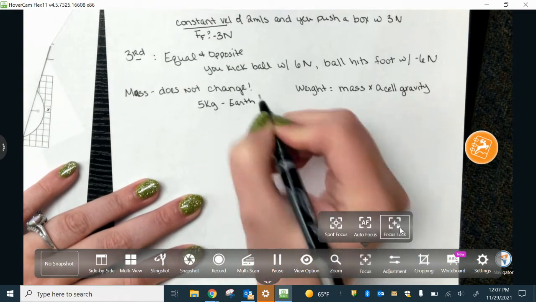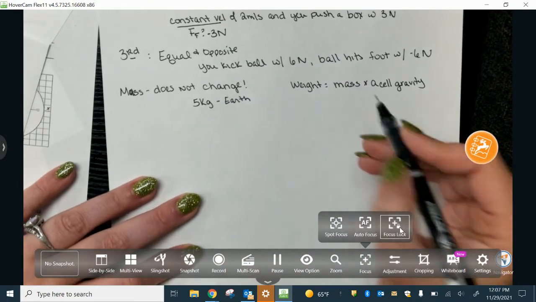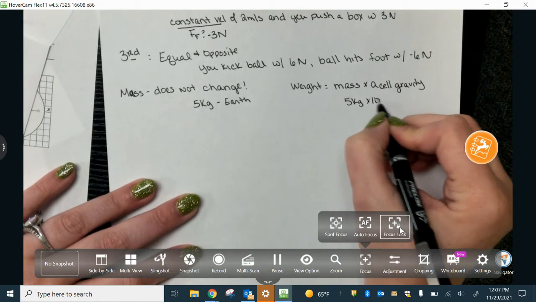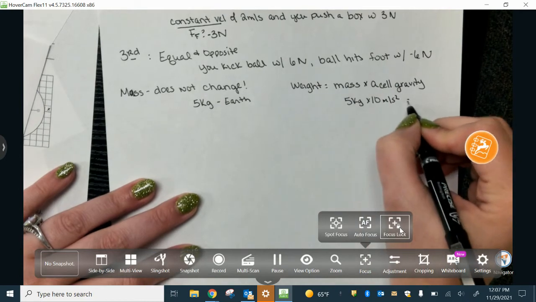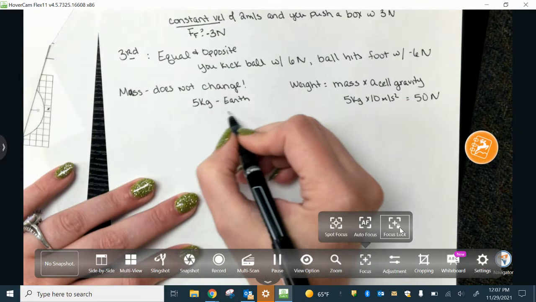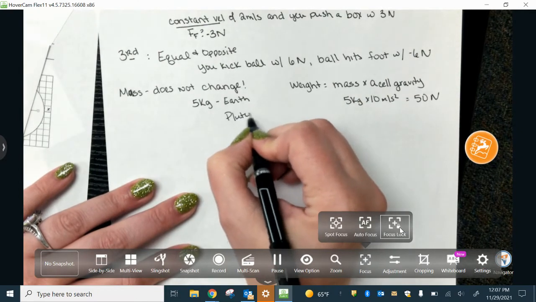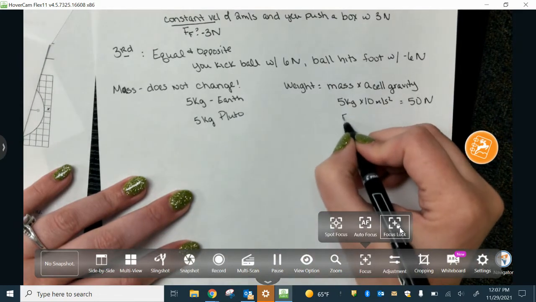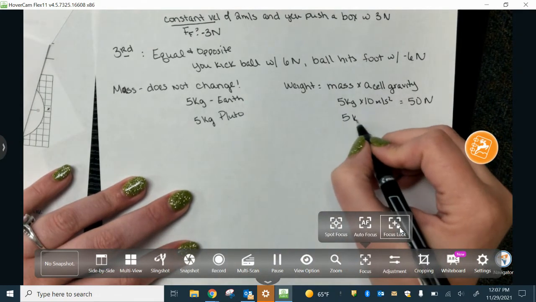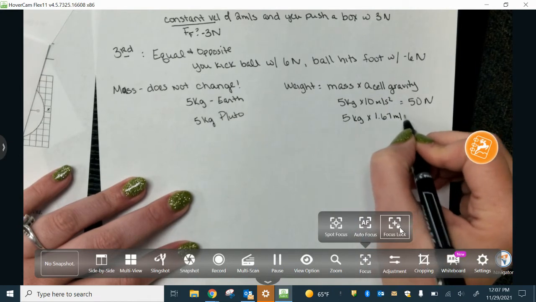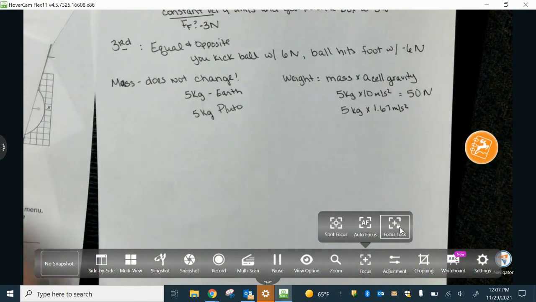So if you have a mass of 5 kilograms on Earth, your weight on Earth, we're using 10 for simple math, your weight would be 50 newtons. On Pluto, your mass would still be 5 kilograms, but Pluto has a different acceleration due to gravity. It's 5 kilograms times 1.67 meters per second squared. 1.67 is Pluto's acceleration due to gravity.